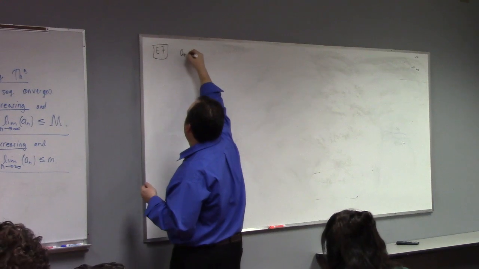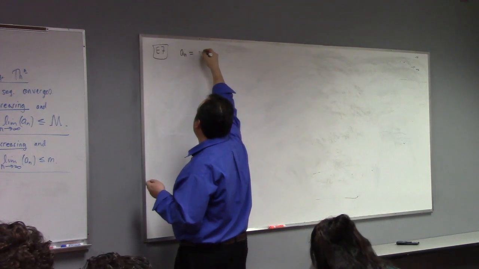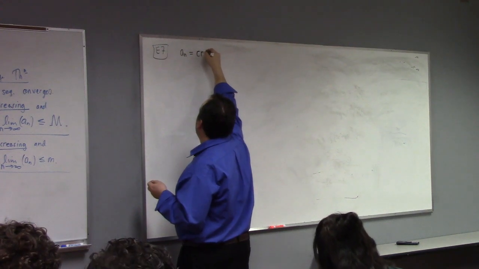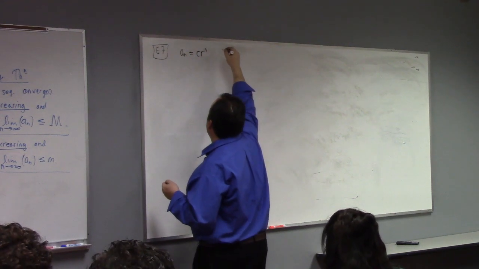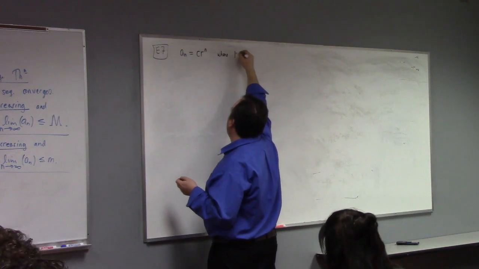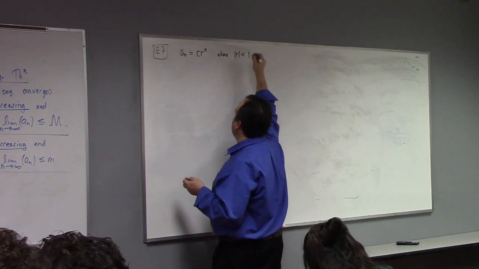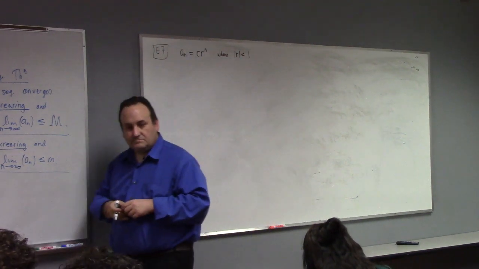So we had a sub n equal to, let's say, c r to the n. And I'm going to put the absolute value of r to be less than 1, just for the sake of discussion.